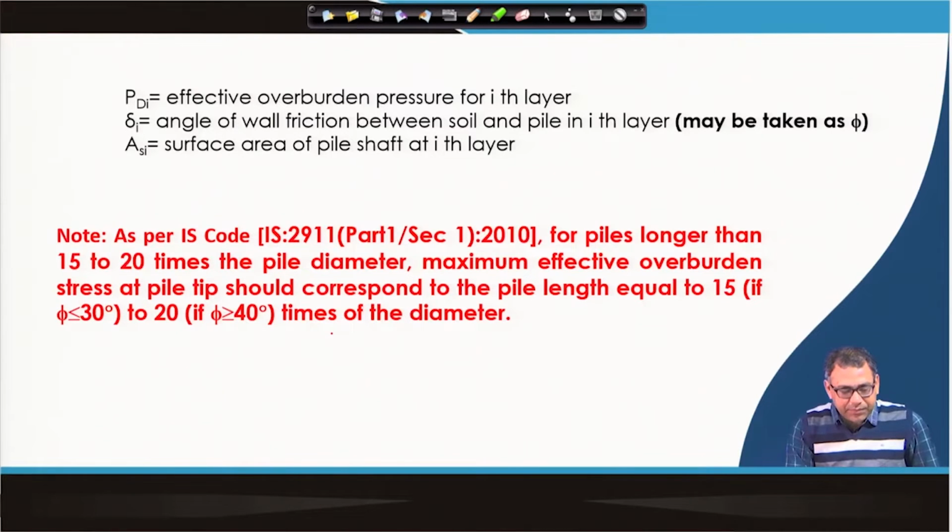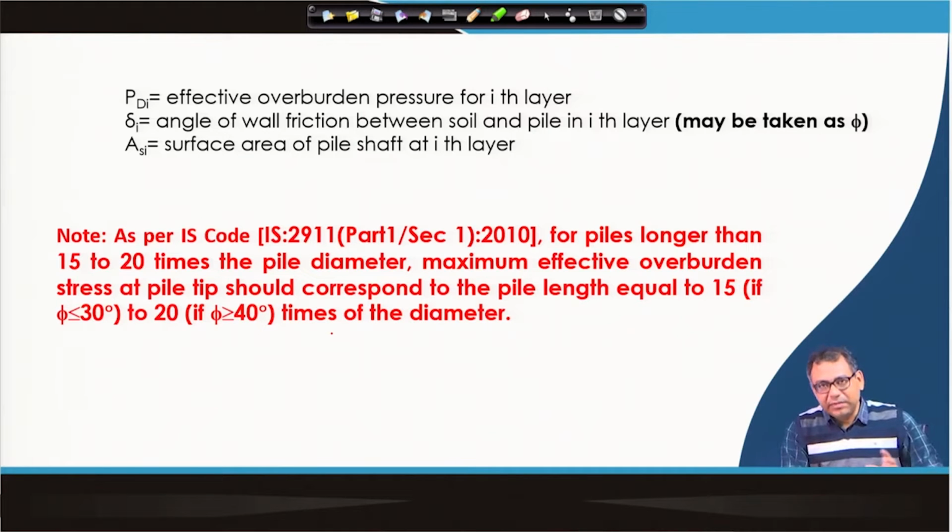The IS code also gives a recommendation for the critical depth. If the phi value is less than or equal to 30 degree, then the critical depth is 15 d, and if it is greater than or equal to 40 degree, then the critical length of the pile is 20 d.